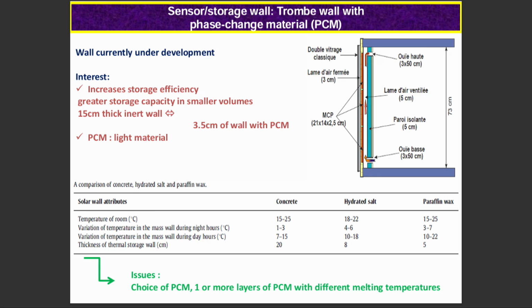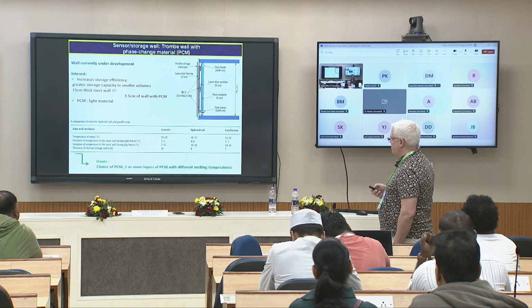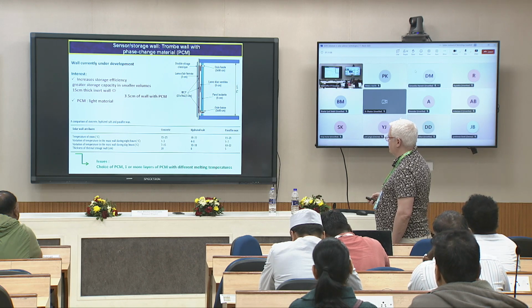For example, in this system that has really been implemented, they were using hydrated salt, and of course the key element is to choose the phase change temperature of these materials in order to optimize the operating configuration.